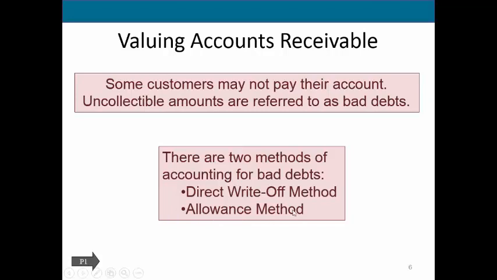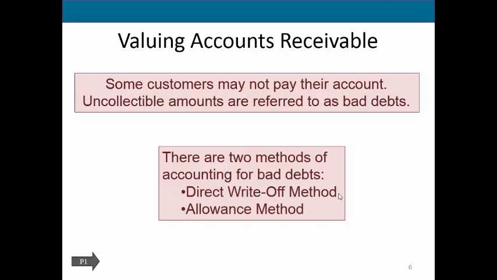That's based off of an estimate of what we think is bad debt, but it's the best thing we have. It's our best estimate. Whereas with the direct write-off method, we make a sale and record that sale, and then it could be 2 years later that we finally determine that we're not going to get that money. So at that point, we recognize the bad debt expense.